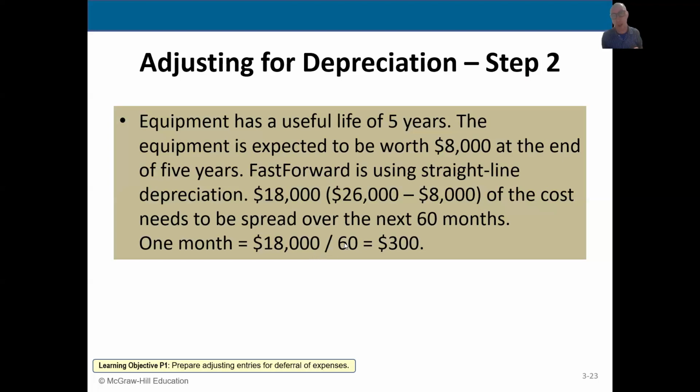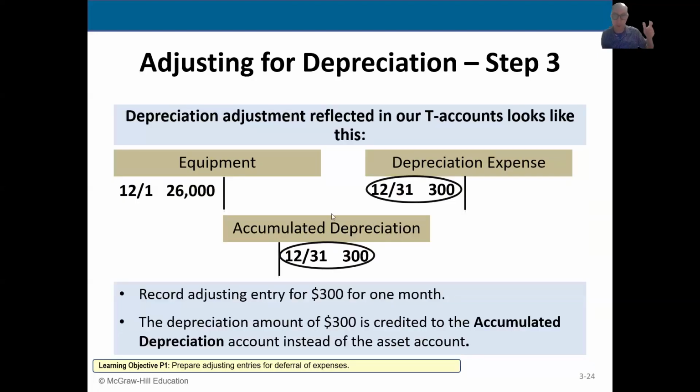In this case, we divide by 60 months, and that means we spread it across each month, $300. So at the end of December, we make the adjusting entry: debit depreciation expense, $300. Credit accumulated depreciation, $300.